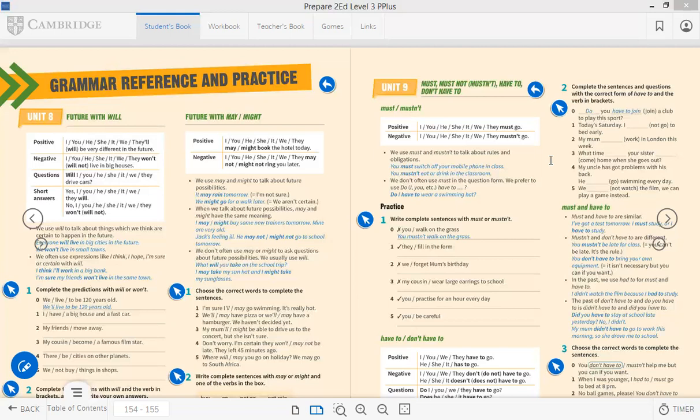Again, remember, your sister is a singular person. In this case, does is the present. In this kind of question, we continue with the have to. So you no longer need has, because there is the do. Exactly.